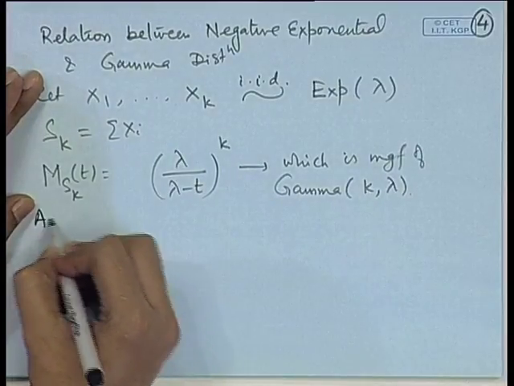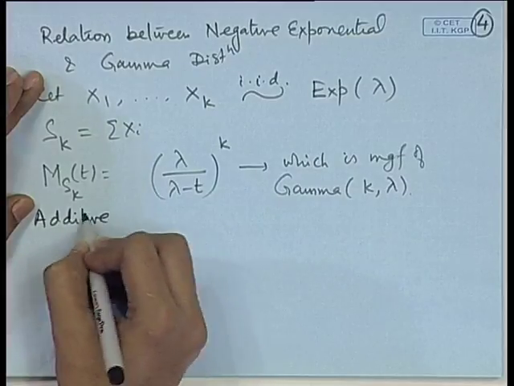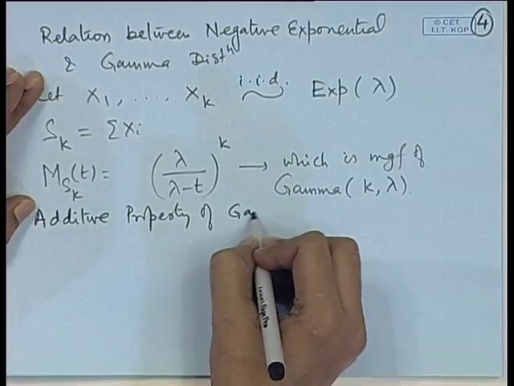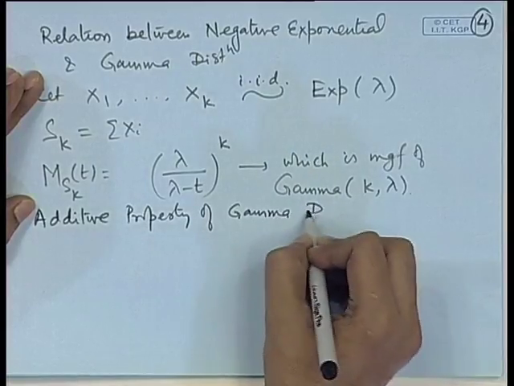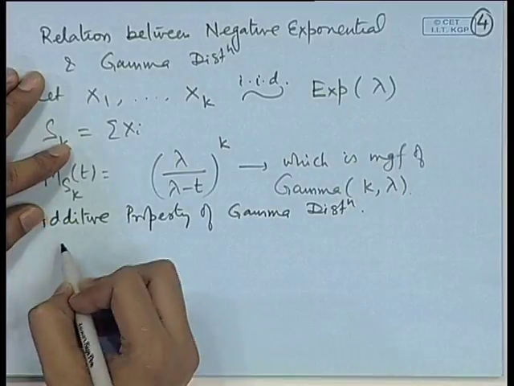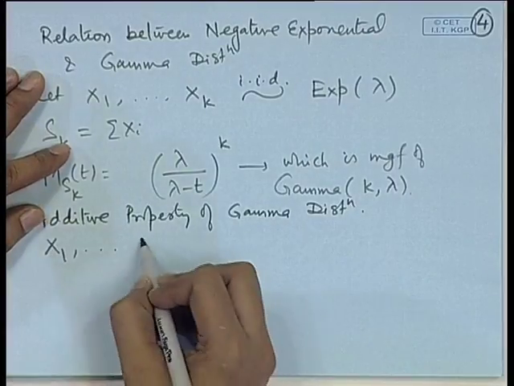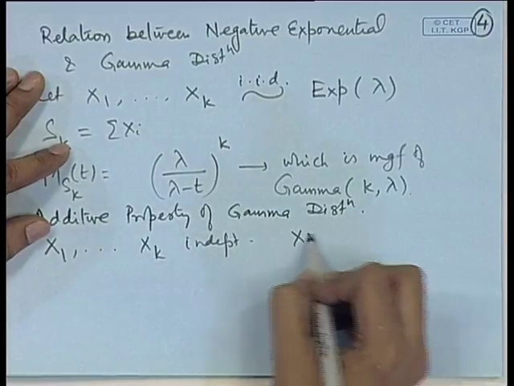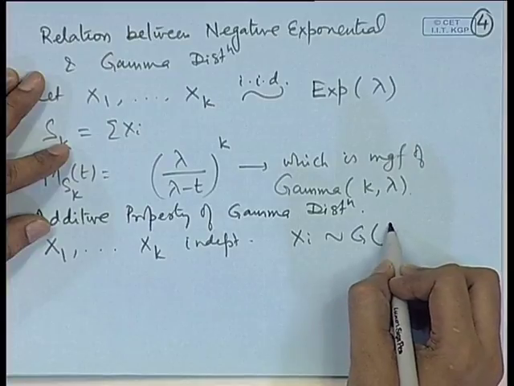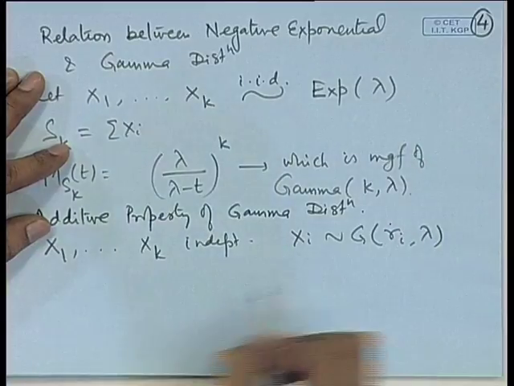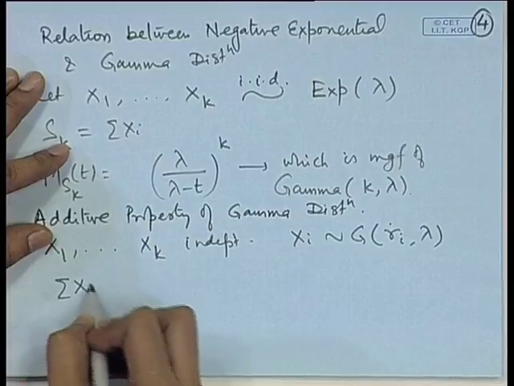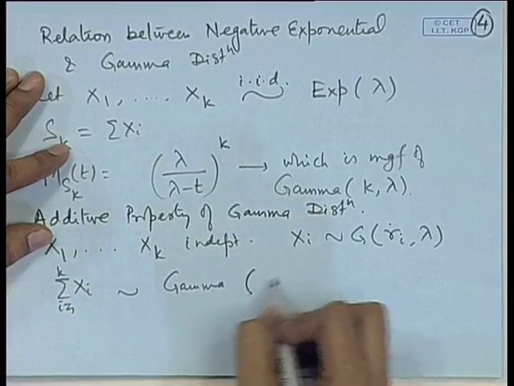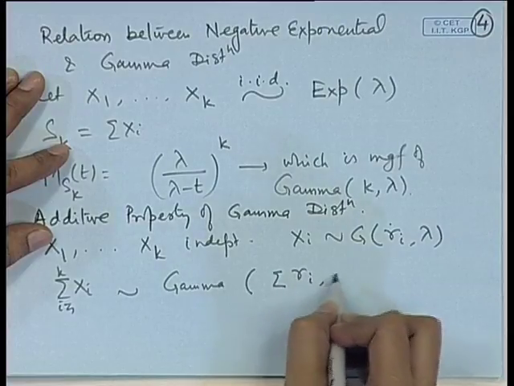Likewise, we can prove the additive property of gamma distributions also. Once again, here we can consider say X1, X2, Xk independent, and Xi follows gamma ri, lambda, then sigma Xi, i equal to 1 to k, will follow gamma with parameters sigma ri, lambda.